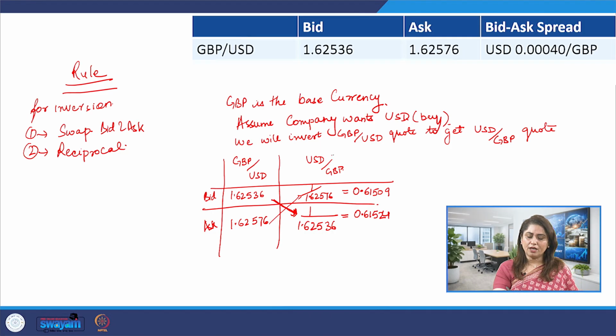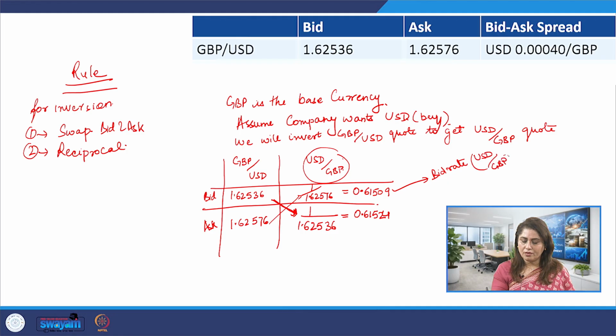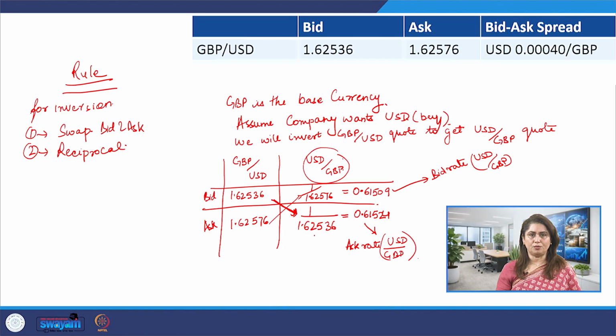So if we are talking about the USD GBP pair, then the bid rate is going to be this for USD GBP, and the ask rate is going to be this for USD GBP. So we first swap and reciprocate.